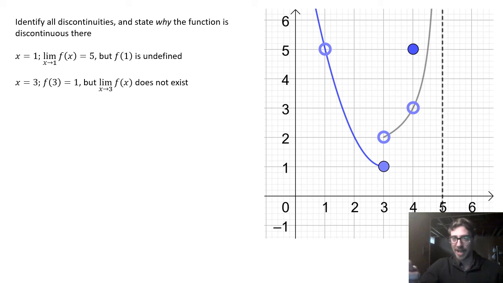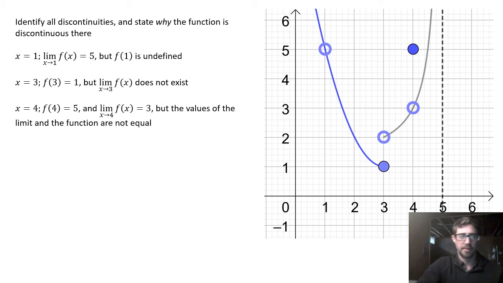Those two things are not the same. So what you would say is the limit as x approaches 4 of the function does not equal f of 4. You wouldn't even have to say this much. Just say f of 4 does not equal the limit as x approaches 4 of the function.